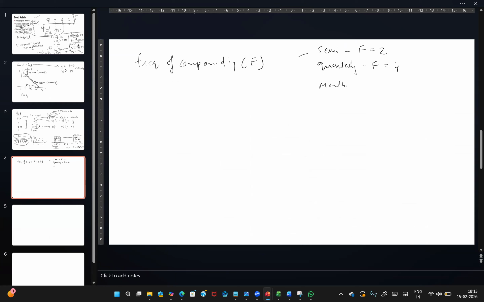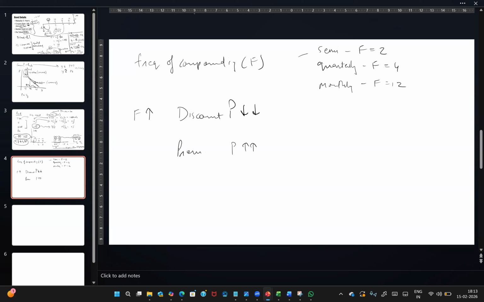Monthly compounding F will be given as 12. Now, if the frequency of compounding increases for discount bonds, the price of the bond will fall more. On the other hand, for premium bonds, the price of the bond will rise more.